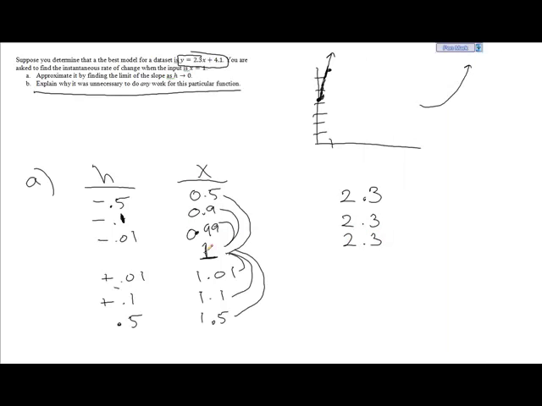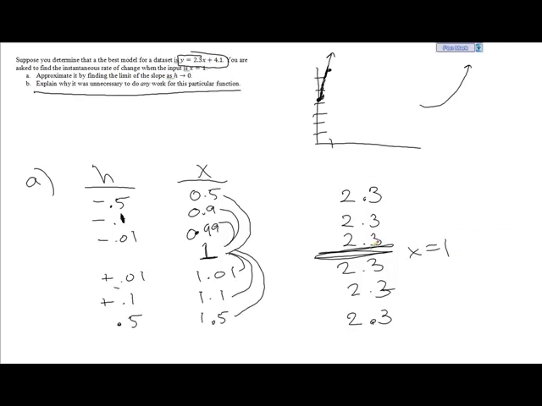And if you did compare the input of 1 to 1.01, you're going to get 2.3. And if you compared 1 to 1.1, change in output over change in the inputs, you'd get 2.3. And here 2.3 also.